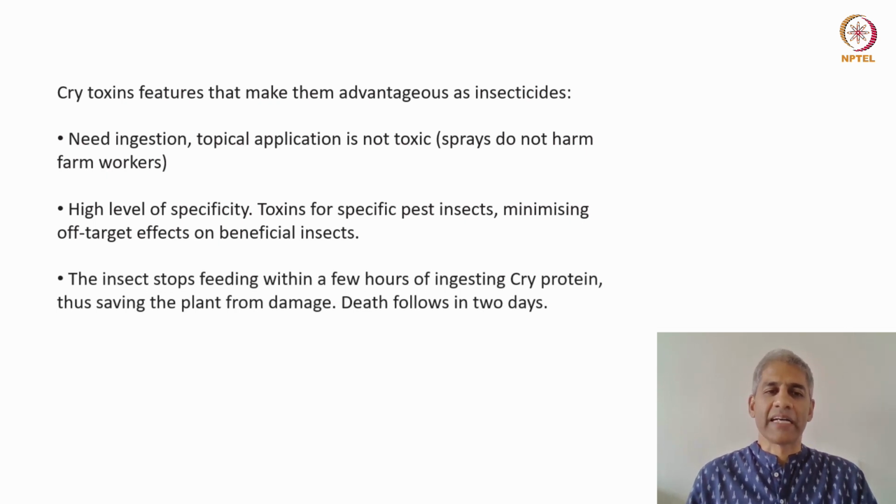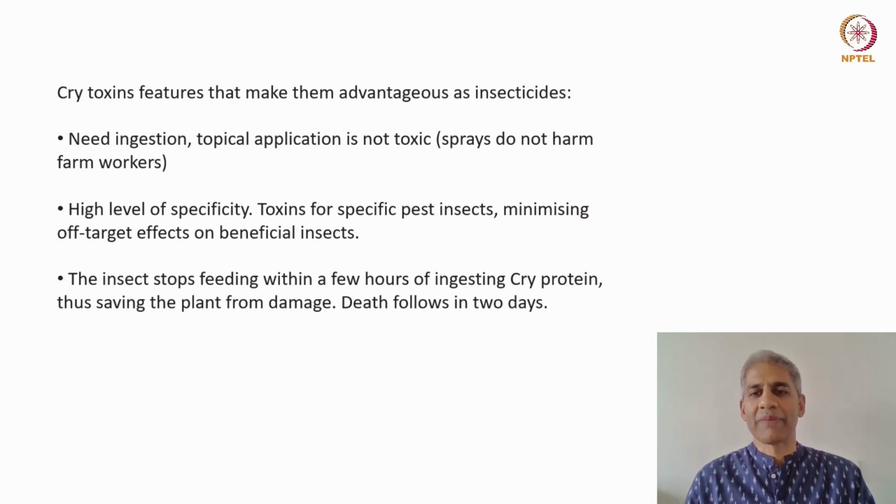It is also quite fast acting. So if an insect feeds upon it and ingests the Cry protein, then it stops feeding within a few hours, and then death will follow within a few days. And death occurs because once the Cry toxin is ingested, it attaches itself to specific pores on the walls of the epithelium of the insect gut, and then it starts to produce pores in this epithelium.